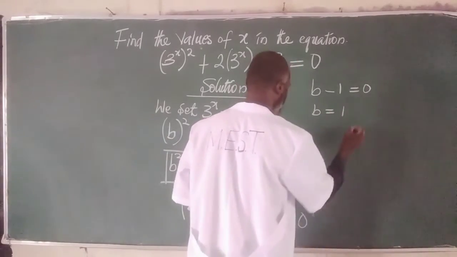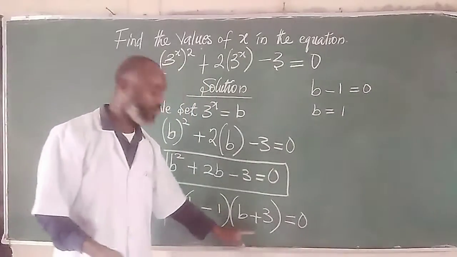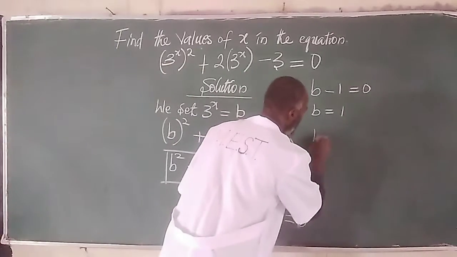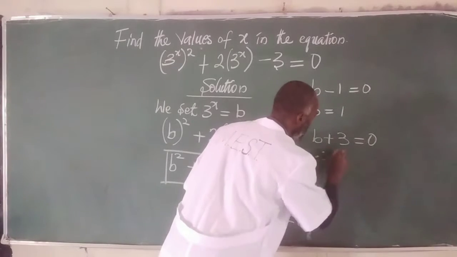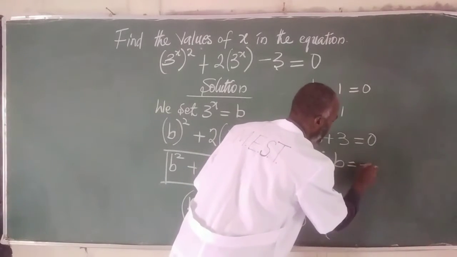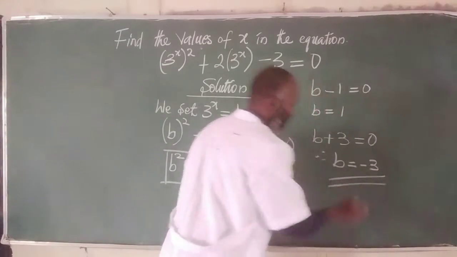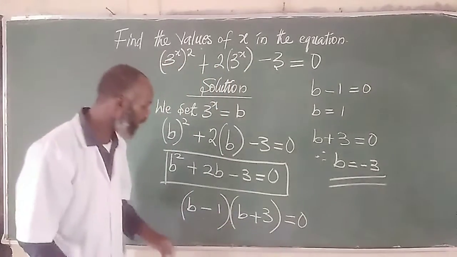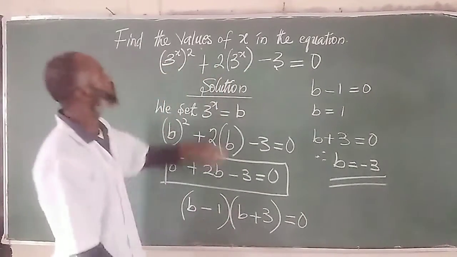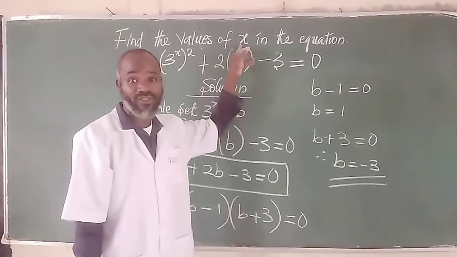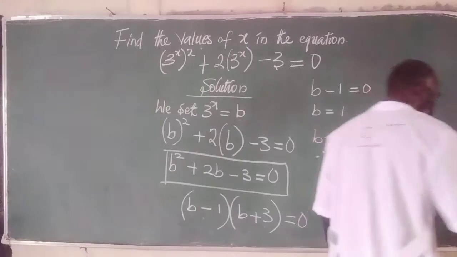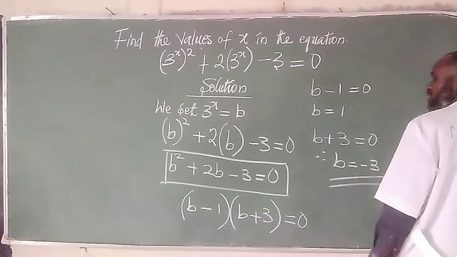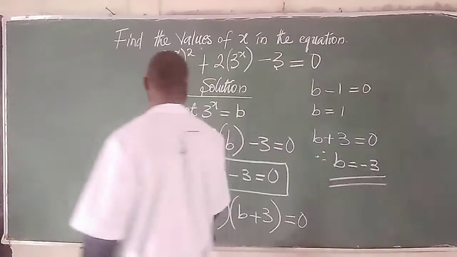The second one is b plus 3 equals 0, therefore b is equal to minus 3. So we have found the values of b, but we have not found the values of x. Take notes, that is our concern here. We need to find the values of x, and from there, we move on.